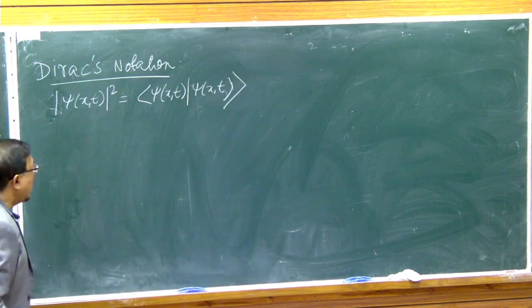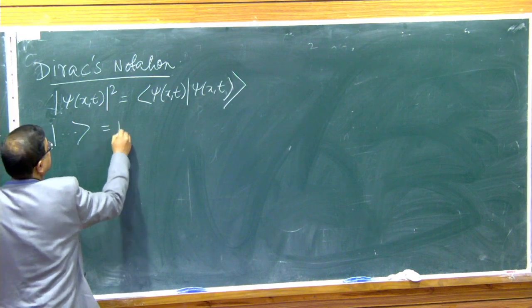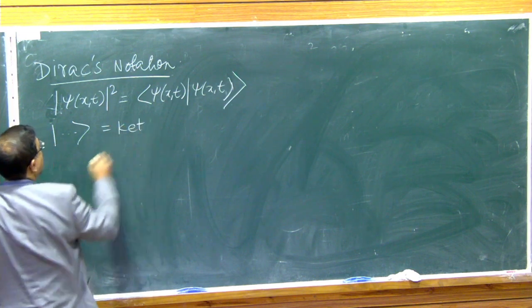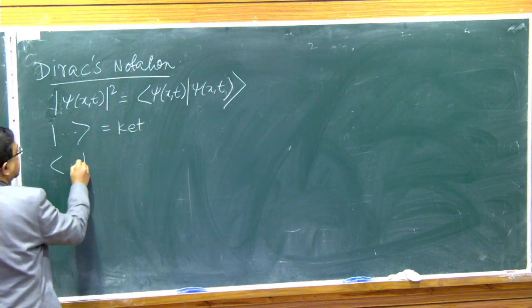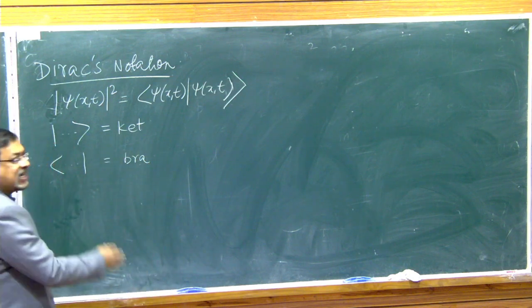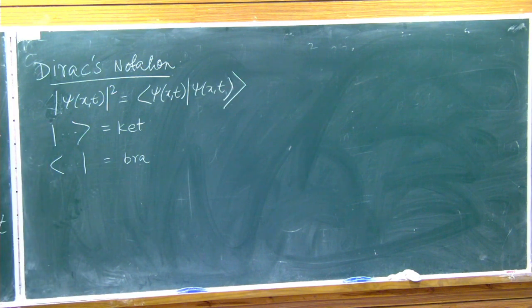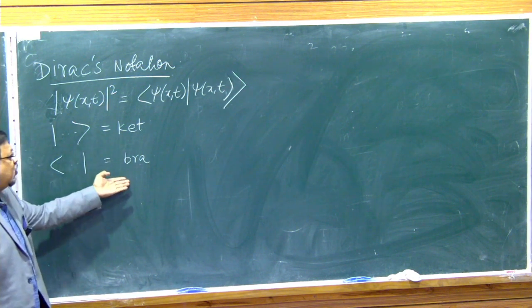Where this is called a ket and this is called a bra. So it's basically a bracket which has been split into half.